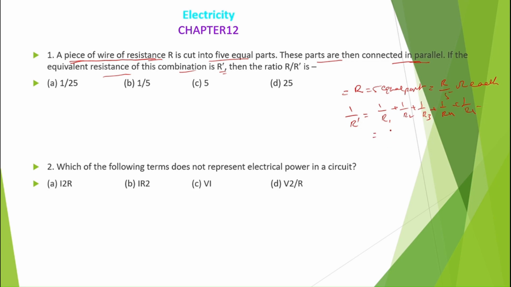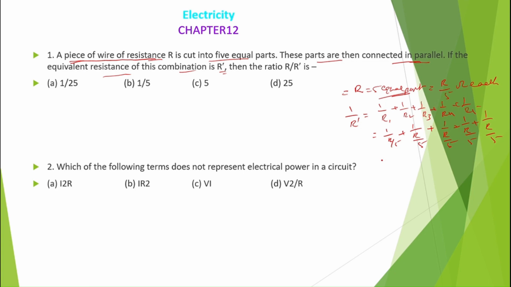So which is equal to 1 divided by R by 5, plus 1 divided by R by 5, because it is cut into 5 equal parts, plus 1 divided by R by 5, plus 1 divided by R by 5, plus 1 divided by R by 5. 1, 2, 3, 4, 5.